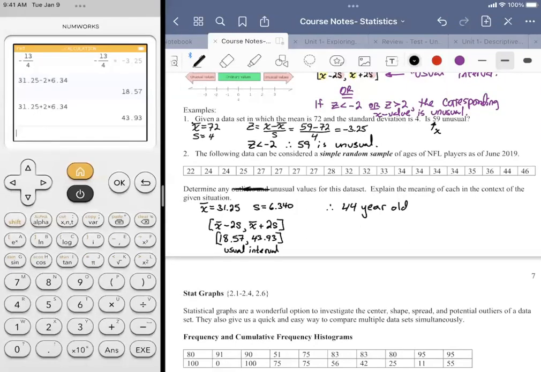Drew Brees, that was the other guy. Thank you. No problem. So 44-year-old and 46-year-old players would be considered unusual.